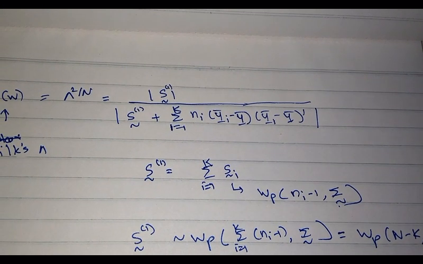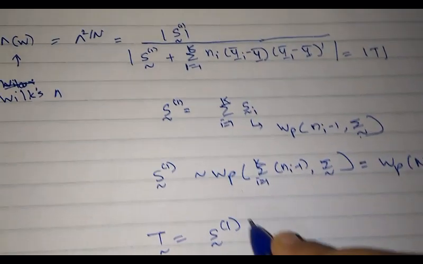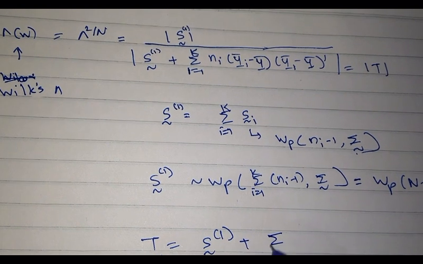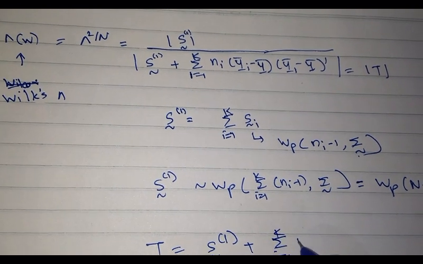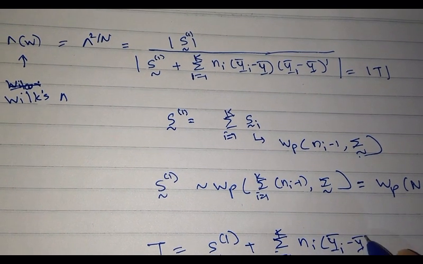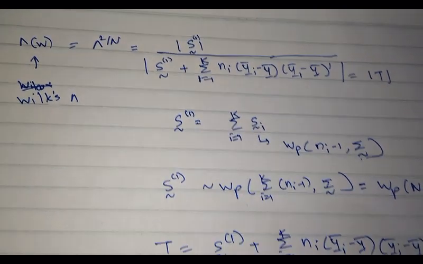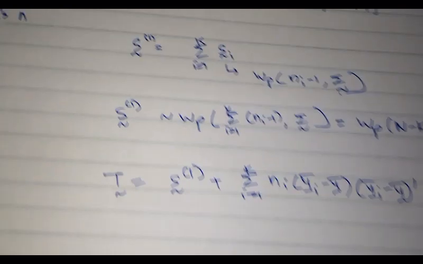Similarly, I will call this denominator term T. So my T matrix is this S matrix plus the summation over i going from 1 to k of Ni (yi bar minus y bar)(yi bar minus y bar)prime.